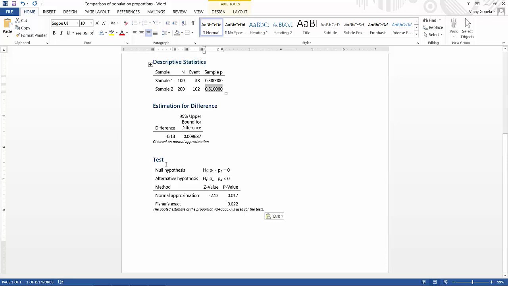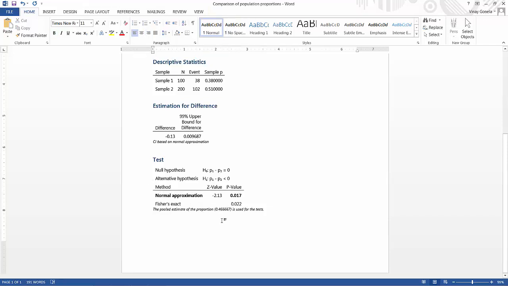Then we have the hypothesis test. The null hypothesis is P1 minus P2 equal to 0, and the alternative is P1 minus P2 less than 0. This is our p-value, which is 0.017. We use the normal approximation p-value.